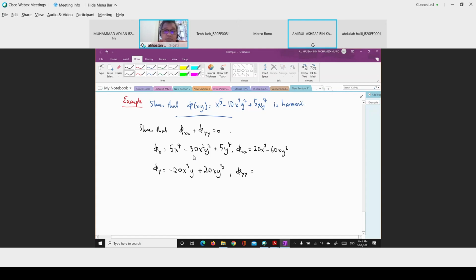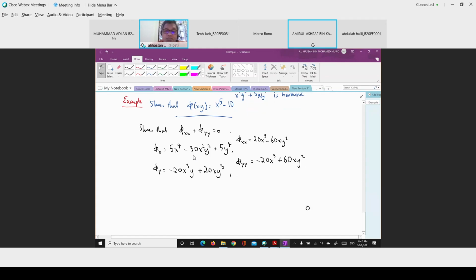So phi partial y is correct. What is phi partial y y? It's minus 20 x cubed plus 60 x y squared, isn't it?